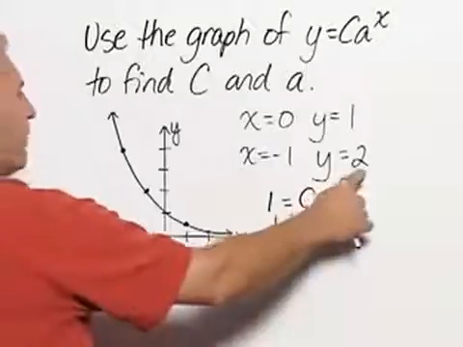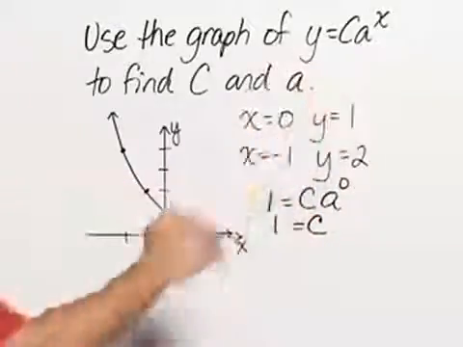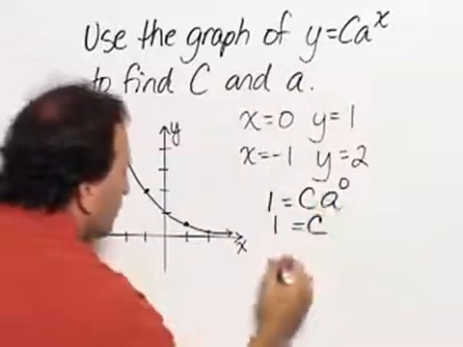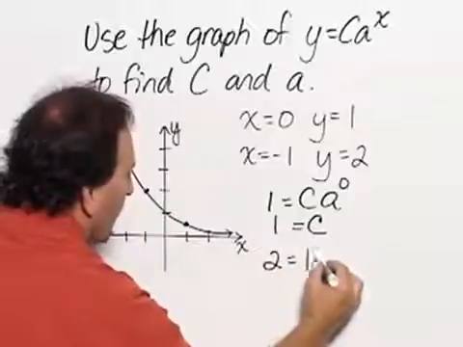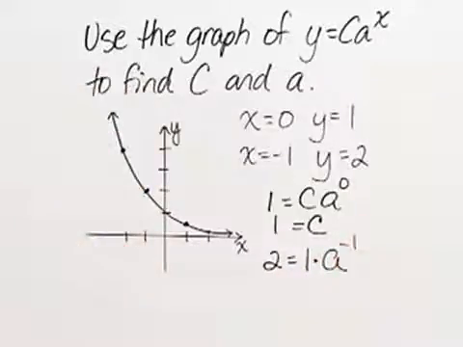We'll use this point to evaluate the value of a, because now that we know c is 1, we would have 2 equals 1 times a raised to the -1.